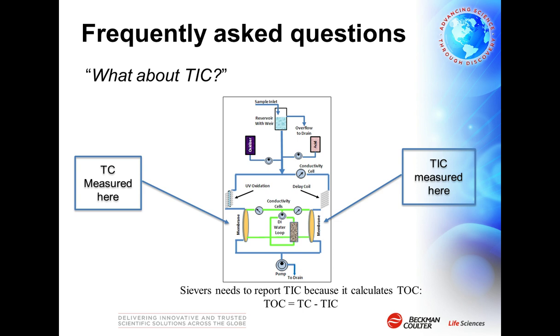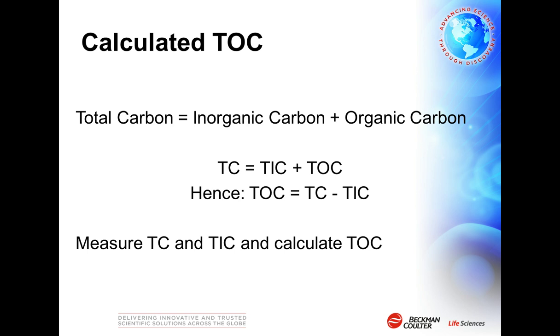Small errors in each of these sensors' measurements can cause really large offsets in the reported TOC and even lead to negative TOC results. TOC analyzers that use the 2 sensors calculate the TOC by subtracting the measured total inorganic carbon from the total carbon that they measure.